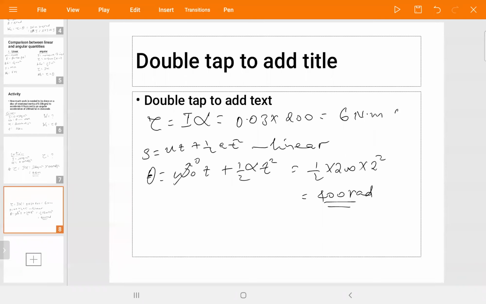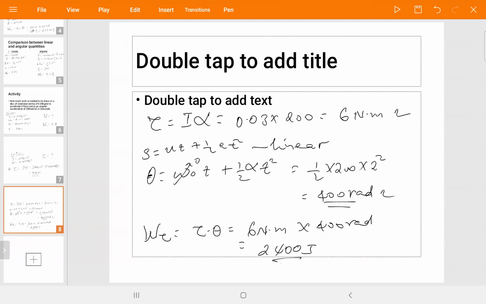And we do have two quantities, which are torque and angular displacement. Then we are on the right track to get the work done. The work done by torque is torque times angular displacement. The torque is 6 Newton meter times 400 rad, and it becomes 2400 joule, because the rad has been ignored here.